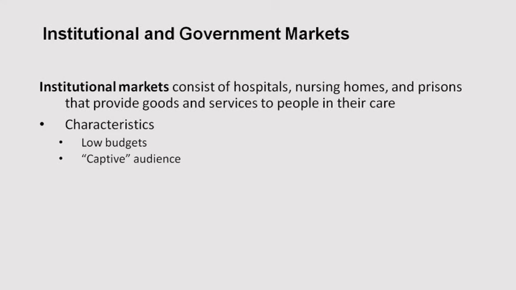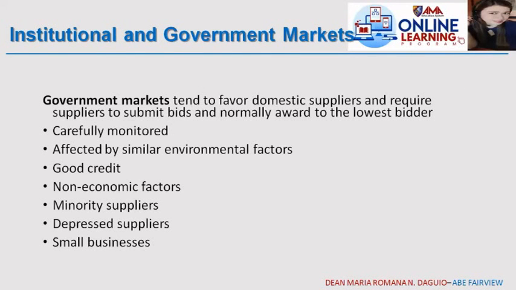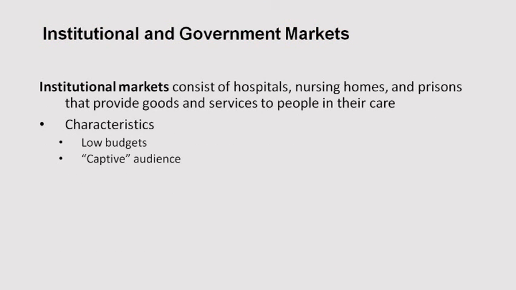So normally, ang characteristics ng institutional markets ay they have low budgets and they have captive audience. Yung nasa poder nila class, yung inaalagaan nila, no, yung binibigyan nila ng goods and services. So that is institutional market. So pwede din siguro dito yung mga orphanages, no? So nasa captivity nila yung kanilang inaalagaan.